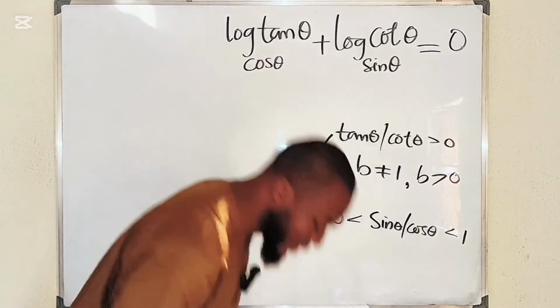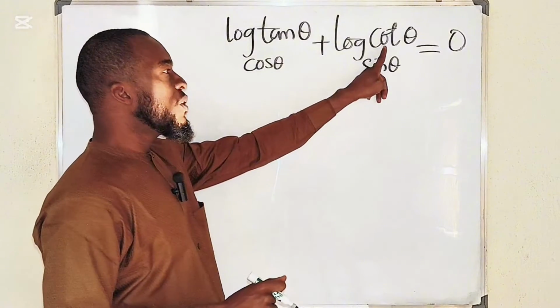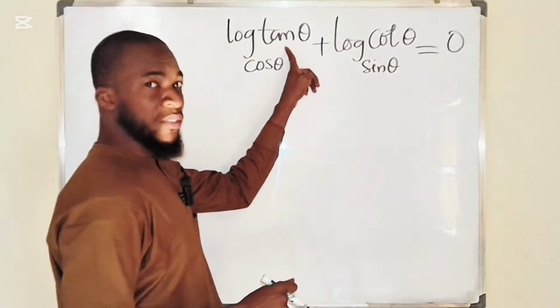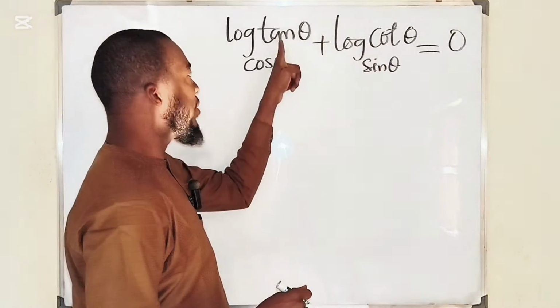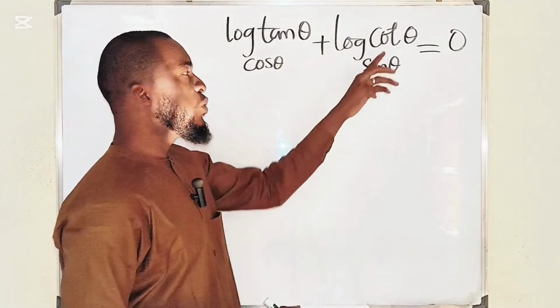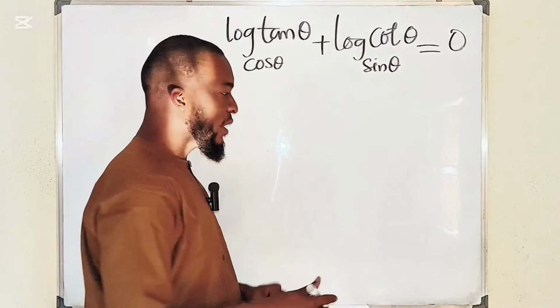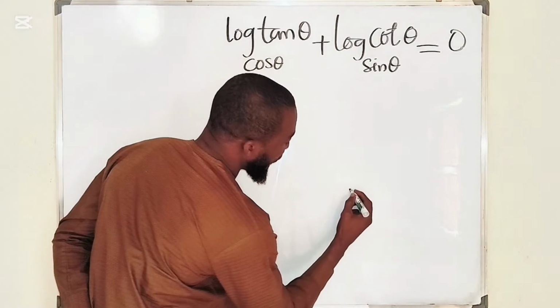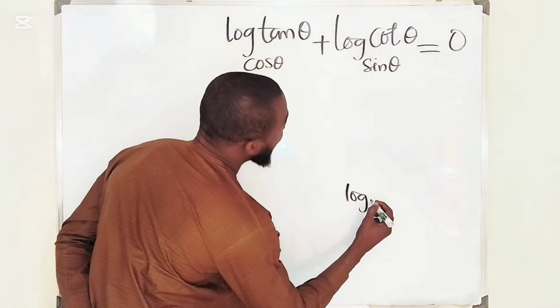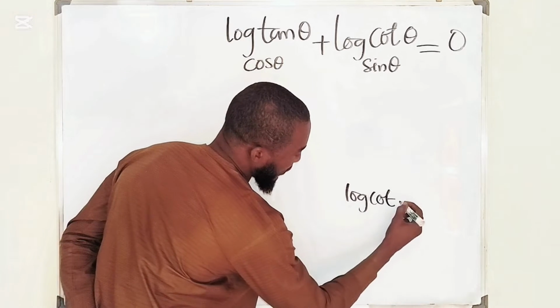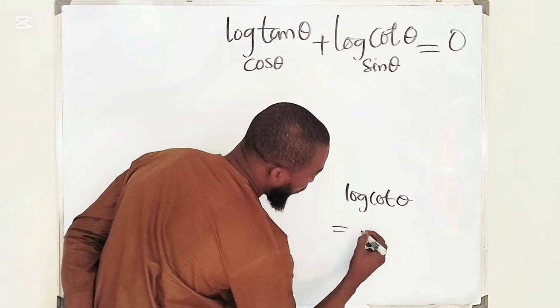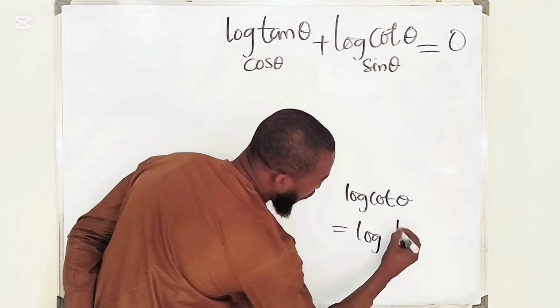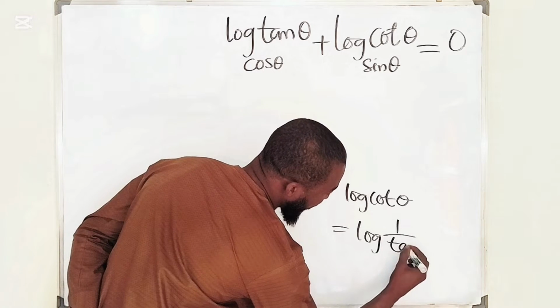So let's get started. We can write cotangent in terms of tangent because it is the reciprocal of tangent. So we can write cotangent as 1 divided by tangent. For instance, log of cotangent theta is equal to log of 1 divided by tangent of theta.